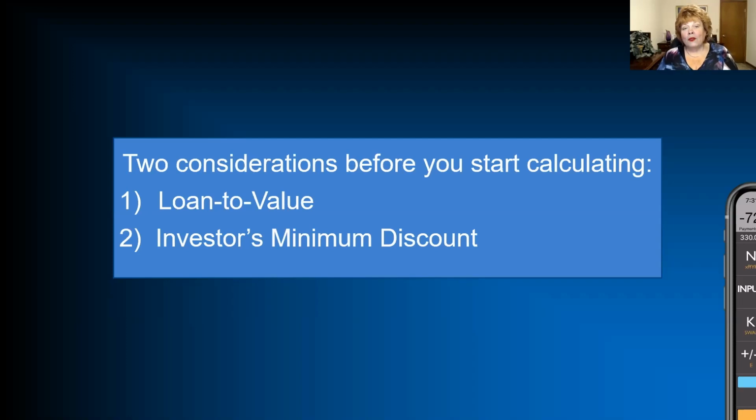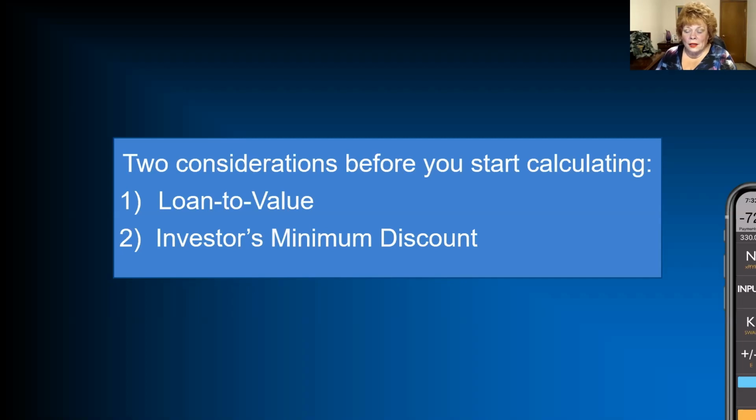And then the other thing that we have to look at is that most investors will have a minimum discount. That means they're never going to pay par for it. What is par? Par means with no discount, whatever the current balance is. So let me explain why that is like that.